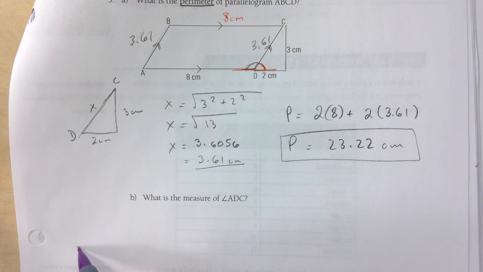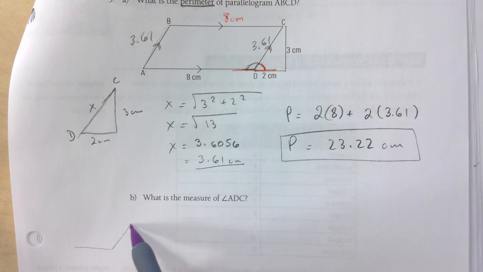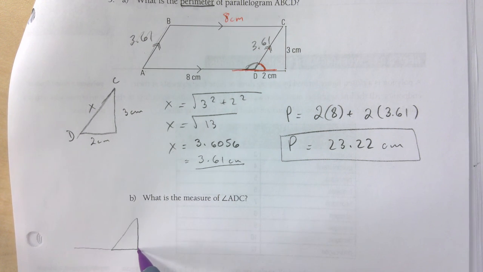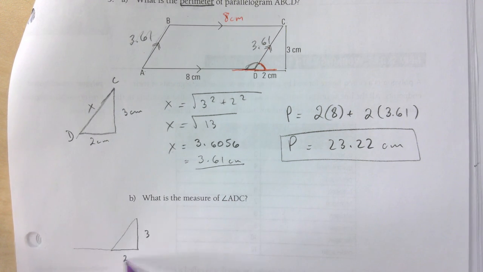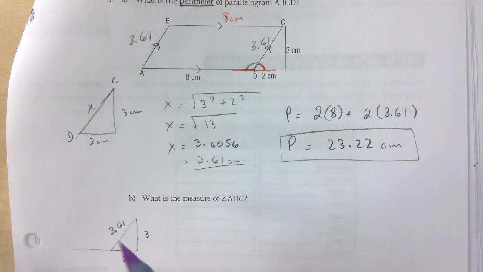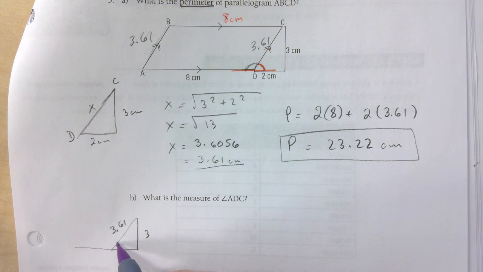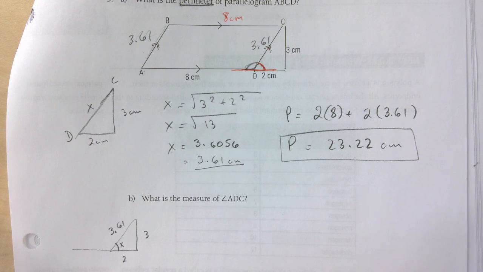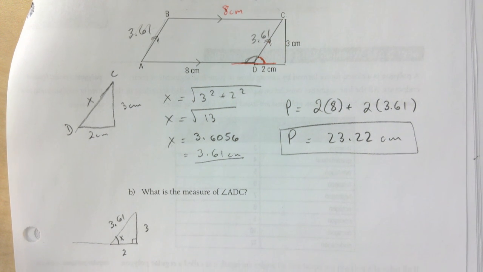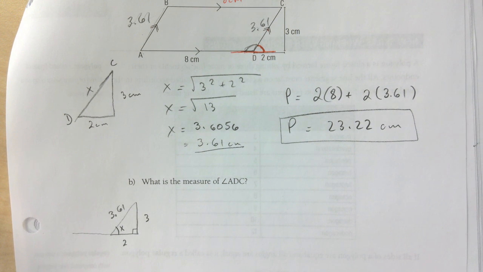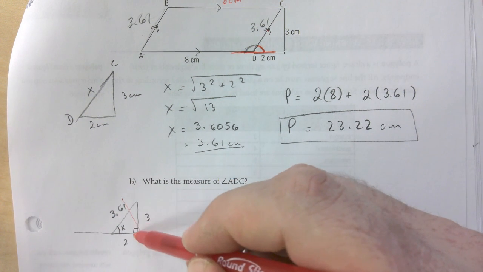So I'm going to just make part of the parallelogram here. This is 3, 2, this is 3.61. We're going to figure out this here. Let's call this angle X, right? And we know there's a 90 here, so we actually do have a pair in this case.